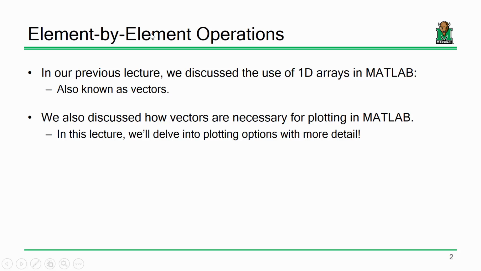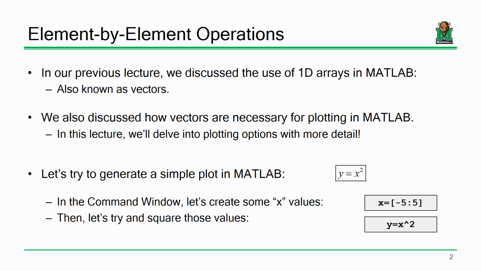Just by default, it was a thin blue line that was interconnected. But sometimes we want to see the data points themselves rather than just a connected dot. Sometimes we want to have more control over the thickness of the lines and so on. So that's what we're going to be doing today, is delving into those options.